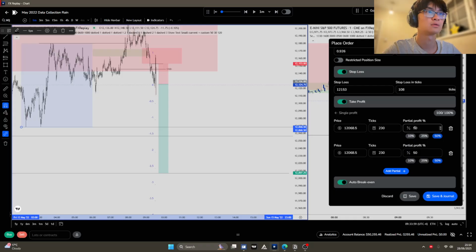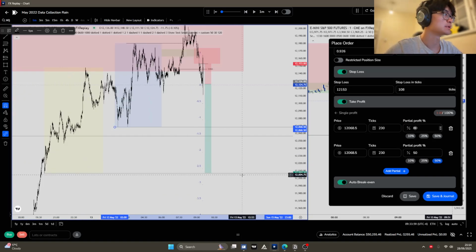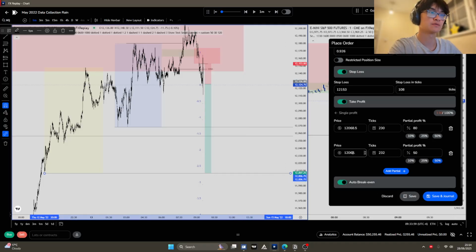Then the second TP would be Asia low. Also, this was the 12 old. Okay. 6.75. And this would be the remaining 20%.